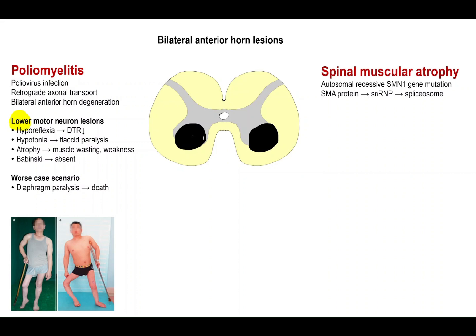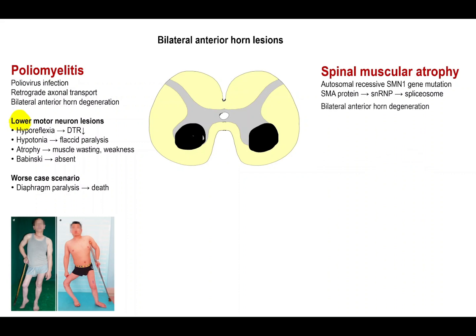Now, on spinal muscular atrophy, there could be a question related to the neurology aspect of it, which is bilateral anterior horn degeneration, or the question can be regarding genetics. This is why this becomes high yield, because you can make multiple questions and test different disciplines.